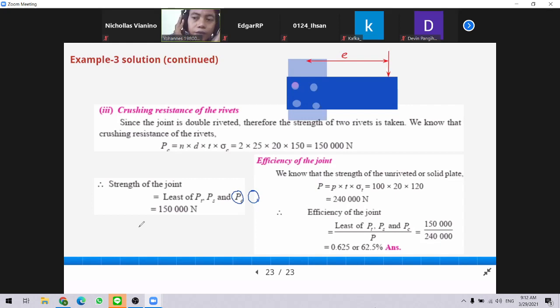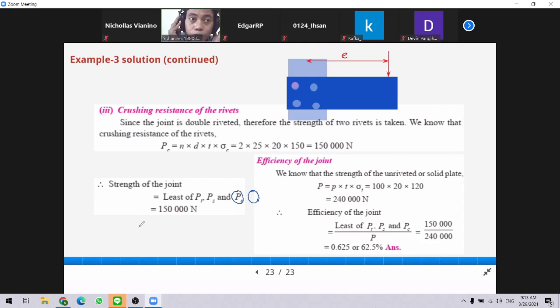So for efficiency there is no difference between bolt and rivet, but the main difference between the rivet and the bolt and nut is that a rivet joint is a permanent joint.